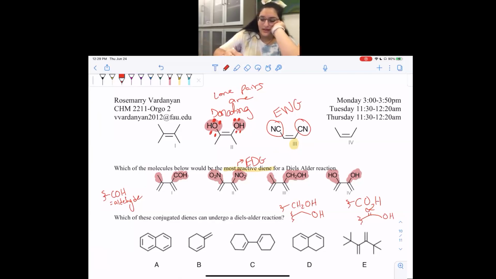All right. So real quick, lightning round. Electron donating group, electron withdrawing group, electron withdrawing group, electron withdrawing group, electron donating group.